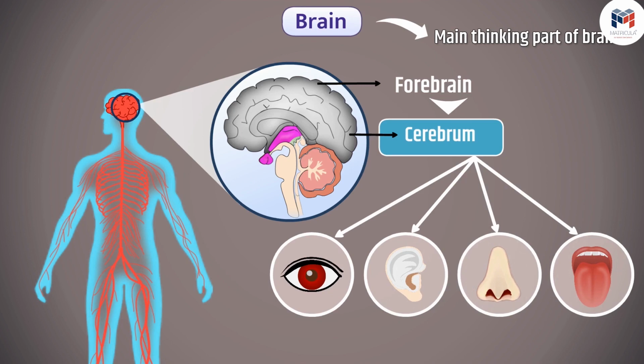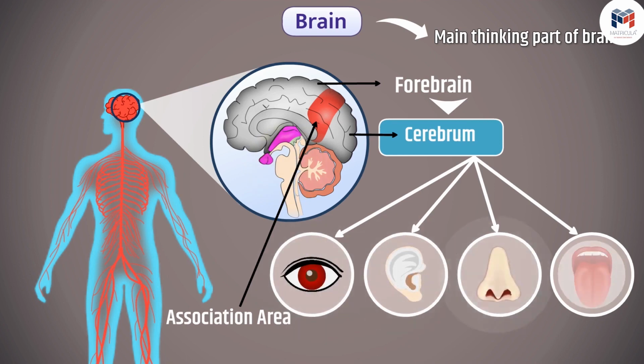There are also various associative areas in the cerebrum which interpret the sensory information from other receptors and information already collected in the brain, and make decisions in order to give a response. This decision is conveyed to the motor areas which control the movement of the voluntary muscles.